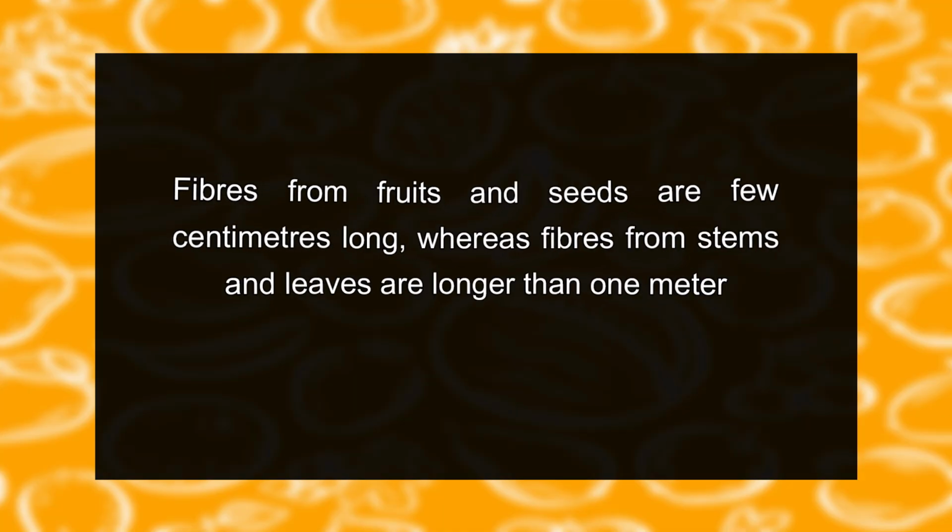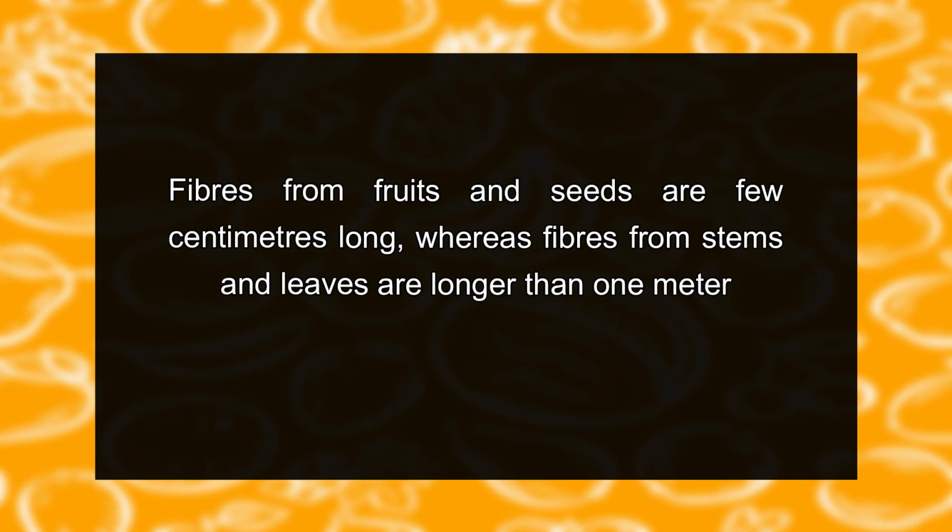The geometrical dimensions of these fibers, especially the fiber length, depends mainly on the fiber location within the plant. Fibers from fruits and seeds are few centimeters long, whereas fibers from stems and leaves are longer than 1 meter.